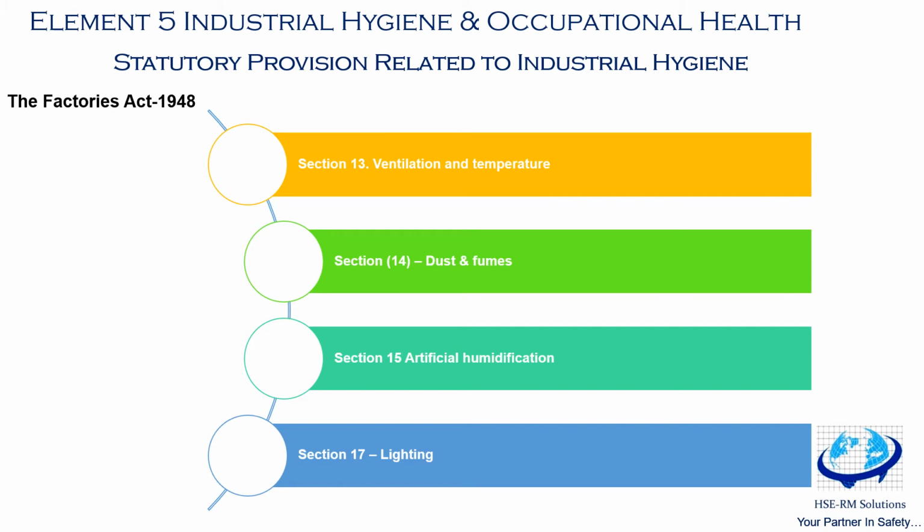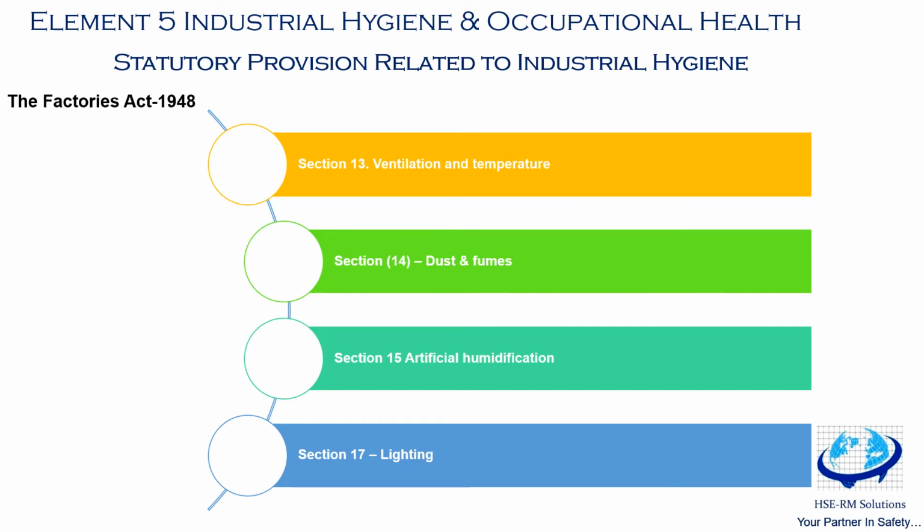Now in every factory, effective provisions shall, so far as practicable, be made for the prevention of glare, either directly from the source of light or by reflection from a smooth or polished surface.